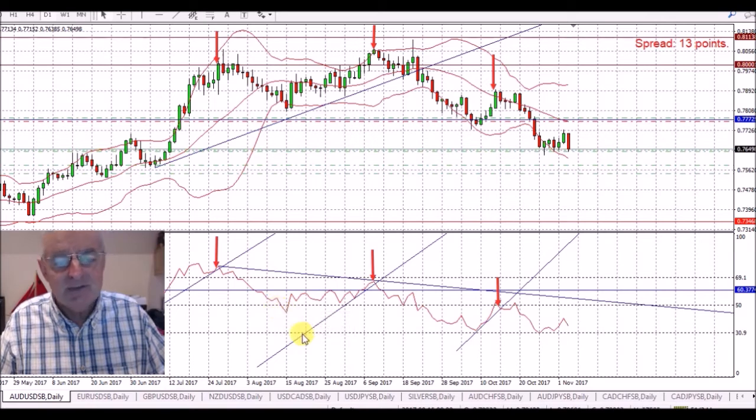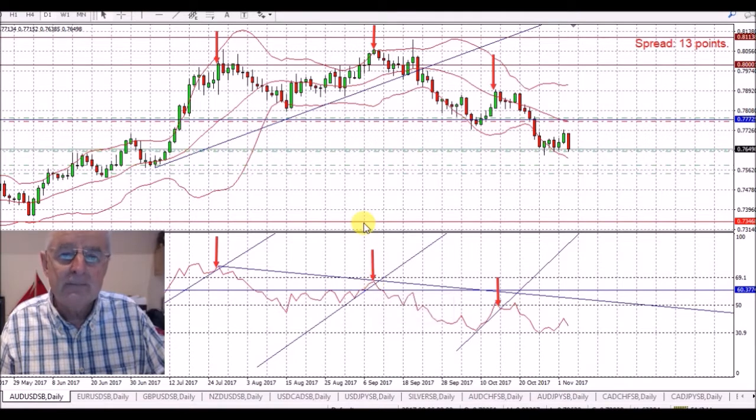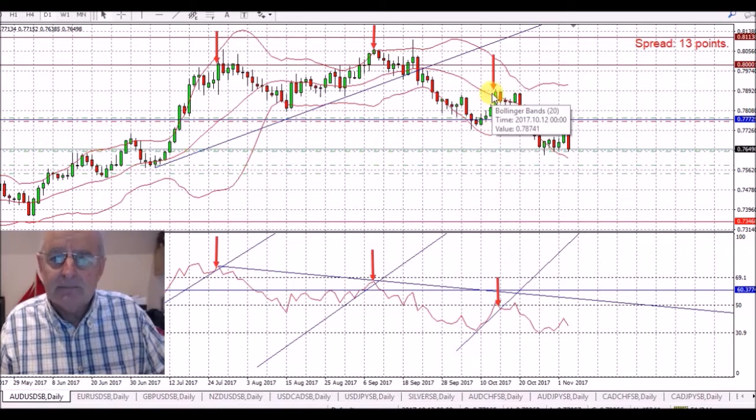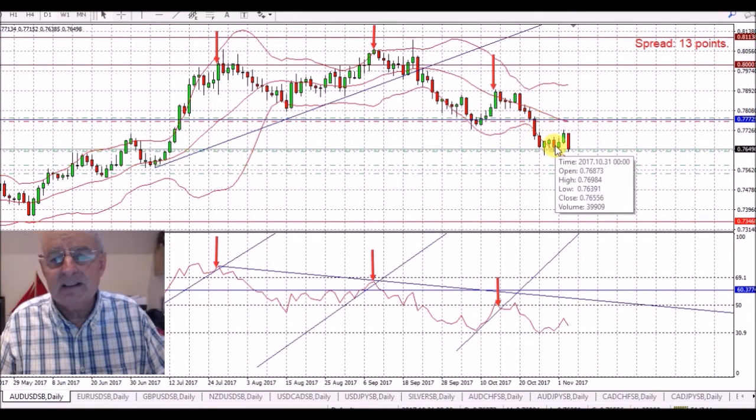The RSI came down, went up again, and we got another high which got broken, and we got this very big move down, and then another move back up, and we got a sell signal here which gave us another move back down.